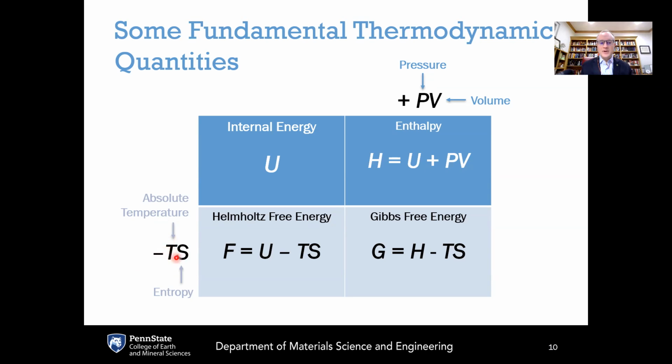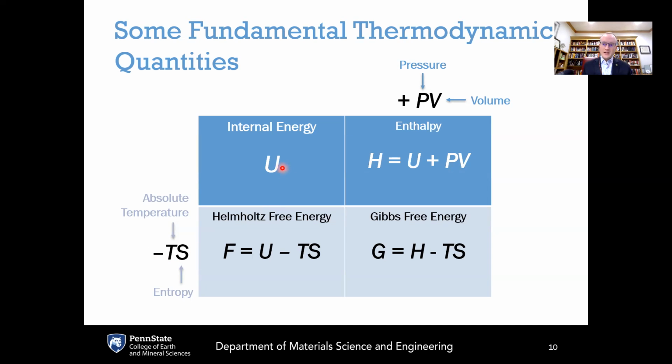So this is always a positive quantity, and entropy is also always greater than or equal to zero. So this is a positive quantity times a positive quantity with a minus sign in front. So this is always going to lead to a lowering of the free energy of the system.